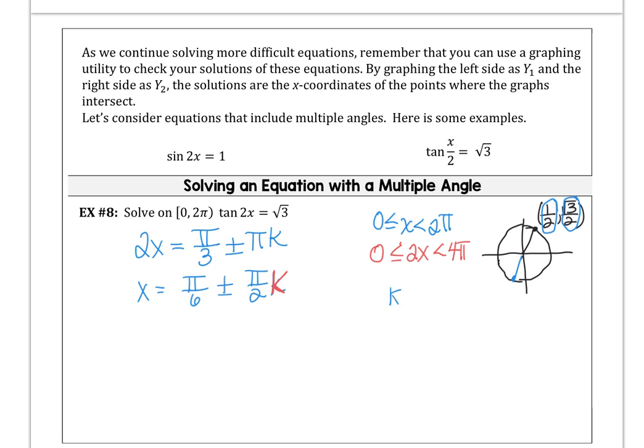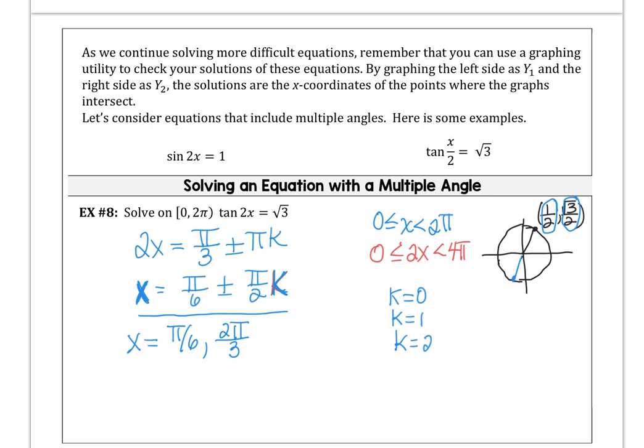If k is 0, and we substitute into this general formula, our answer becomes pi over 6. When k is 1, and we substitute in here, we've got half of a pi plus pi over 6. So our next angle, double angle, will be at 2 pi over 3.